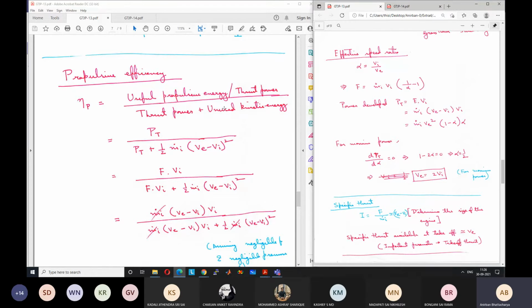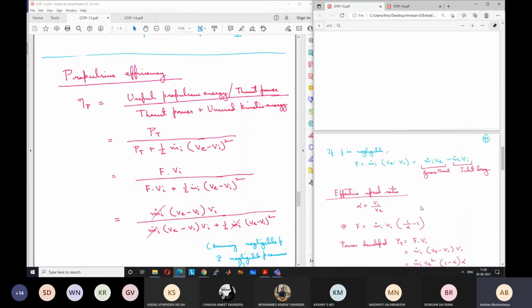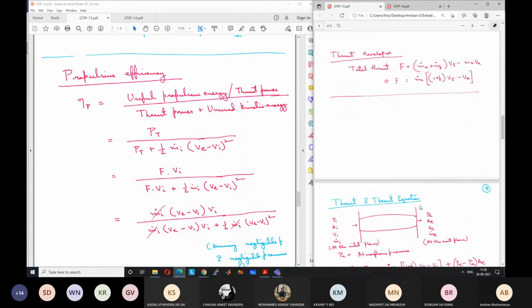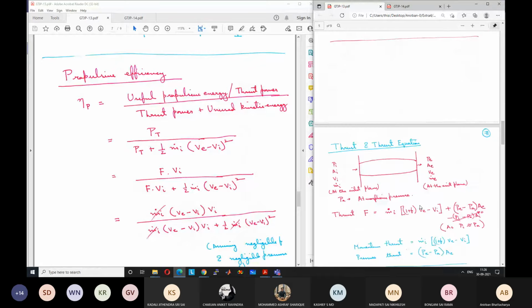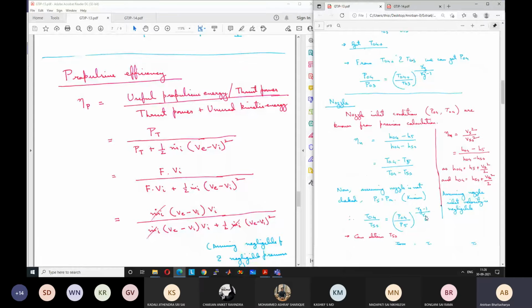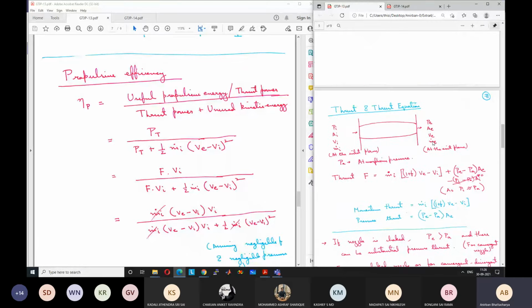So what will happen, let me go to a diagram. Say the aircraft is moving with a velocity vi, and the exhaust gas velocity is v. So for a person who is stationary from the outside, I am standing on the ground and I am seeing an aircraft fly.